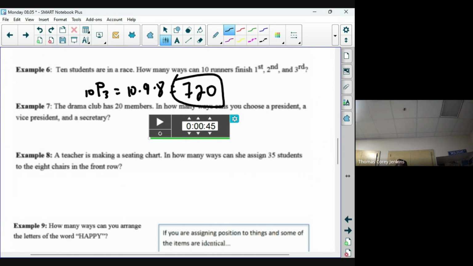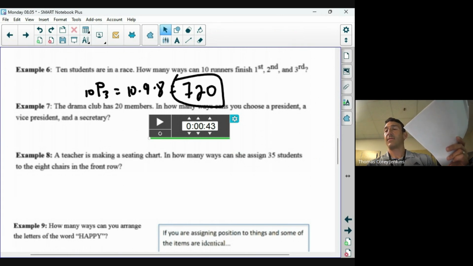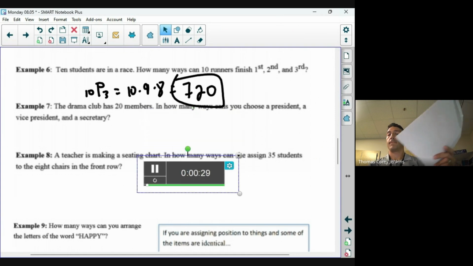Any questions on that one? All right. Go ahead and do example 7. I'll give you about 30 seconds on that one. So first of all, what's my permutation notation?